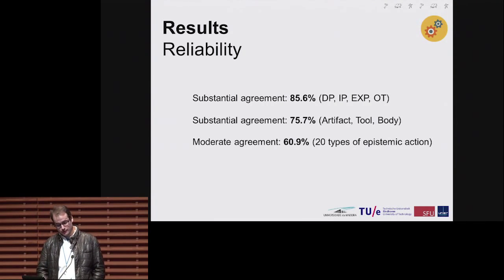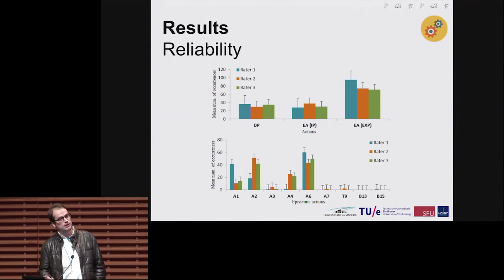From this double-coded content, we observed a substantial agreement when actions were being classified as direct placement, indirect placement, exploratory, or off-task events. Substantial when they were classifying these actions as done with artifacts, tools, or the user's body, and a moderate agreement when they were using the 20 types of epistemic action. And the misclassifications actually cascade, so it's understandable how the agreement is growing thinner.